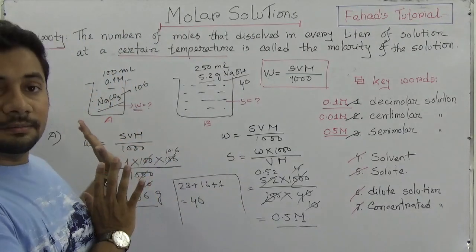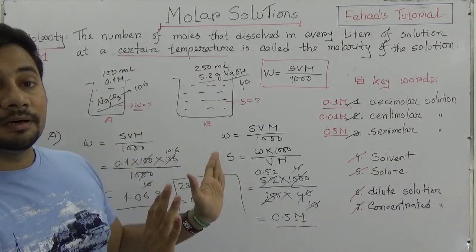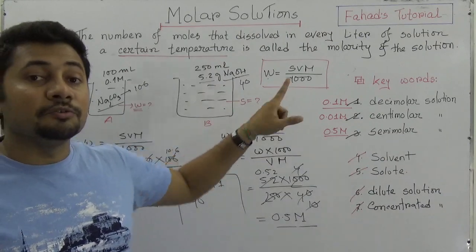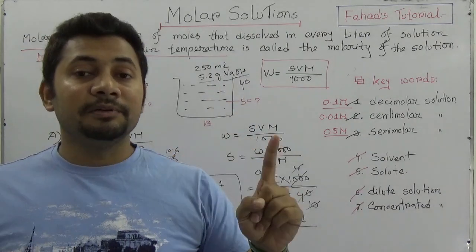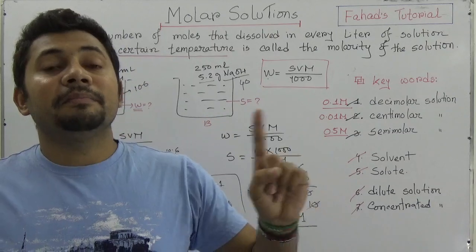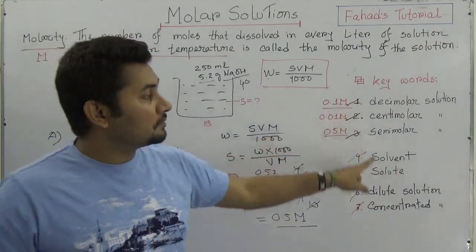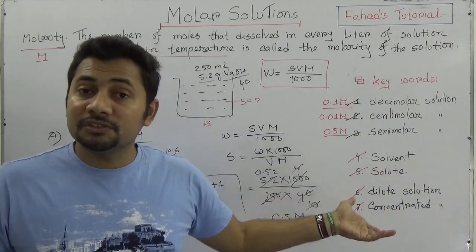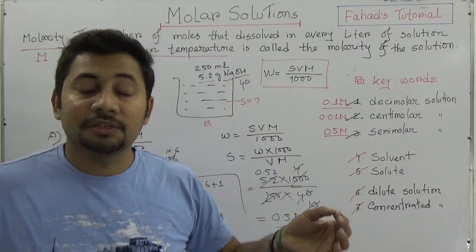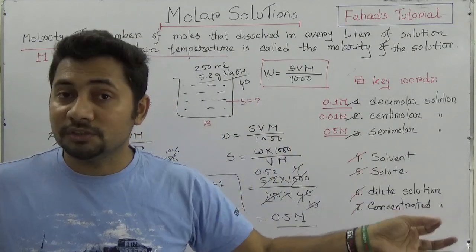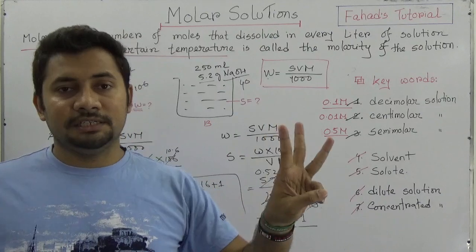So this is about molarity, about these equations. You must remember that W equals SVM by 1000, and you must know these keywords: what is dilute solution, what is concentrated solution, what is solvent and what is solute, and of course deci, semi, centi.